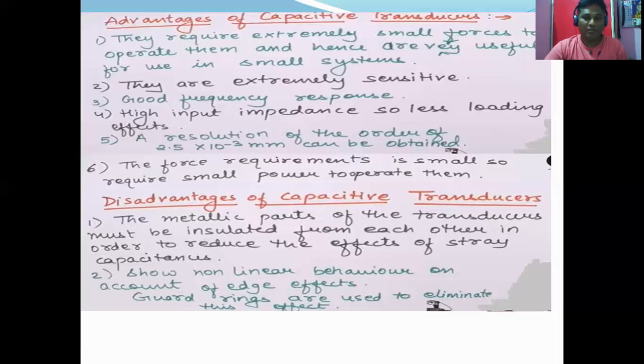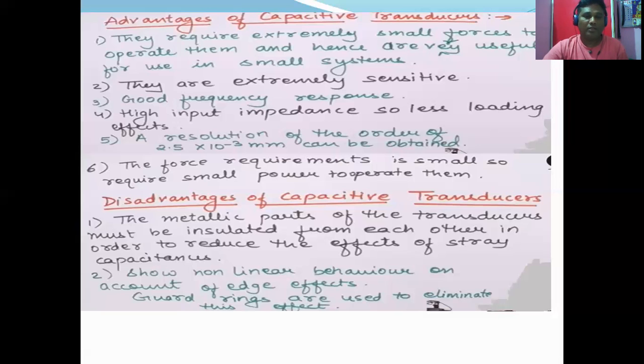That means the capacitance effects are reduced with the help of the sensing element, which continuously responds to the physical quantity so that the output result is obtained continuously. In this manner we reduce the effect of stray capacitance in the capacitive transducers.